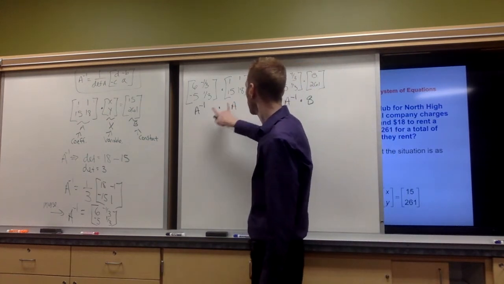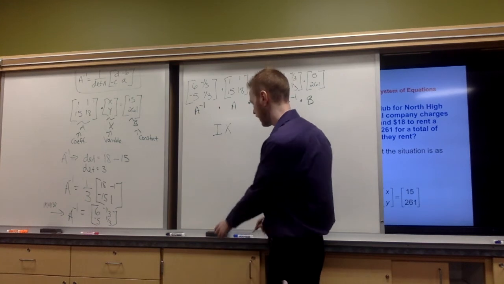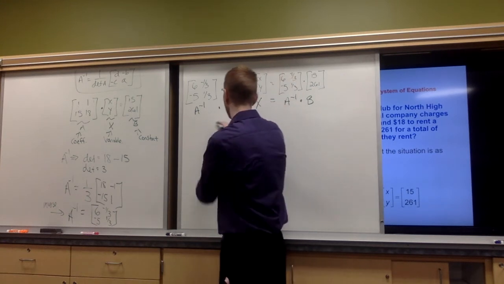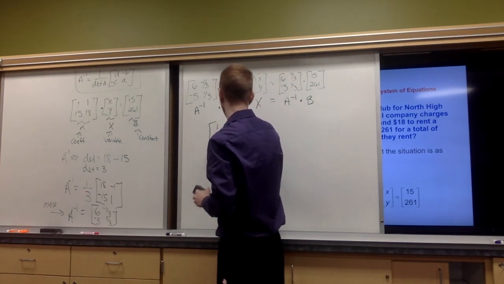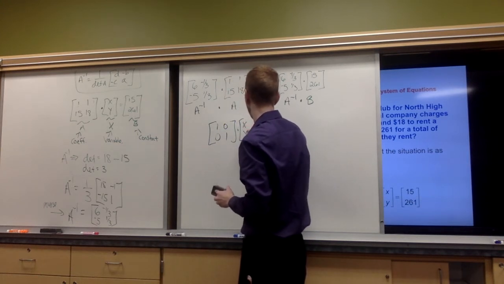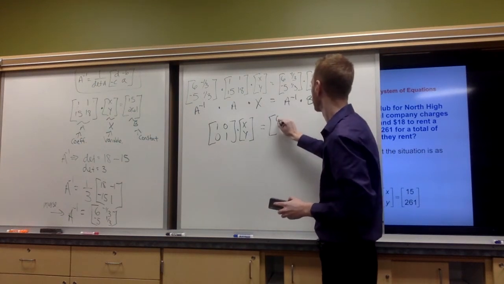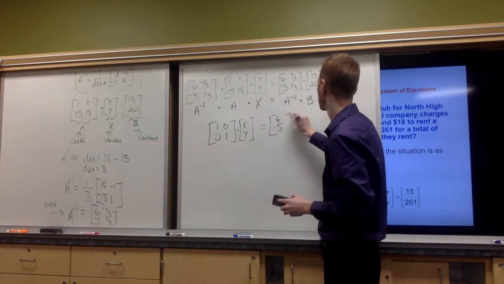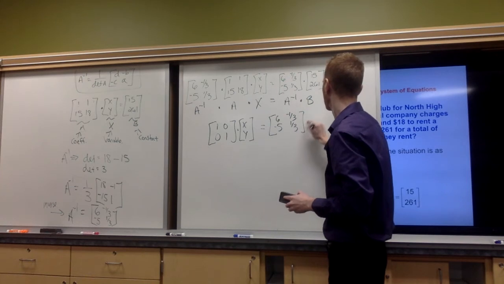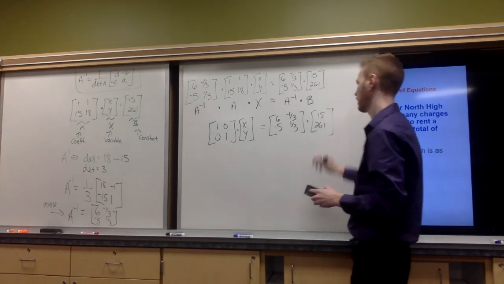Alrighty. If I multiply these two guys together, I get an I. Okay, I get the identity. In fact, let me write that out. Don't be sloppy, John. Write that out. Okay. There we go.